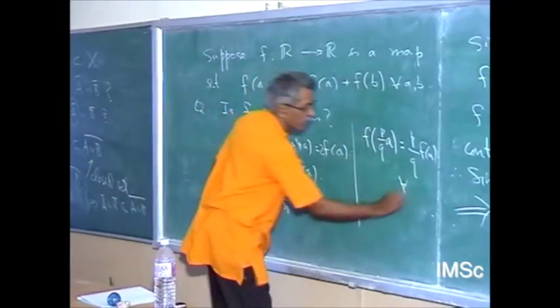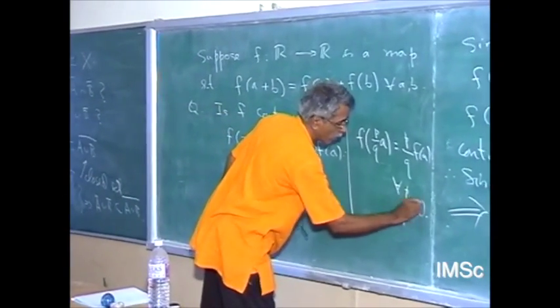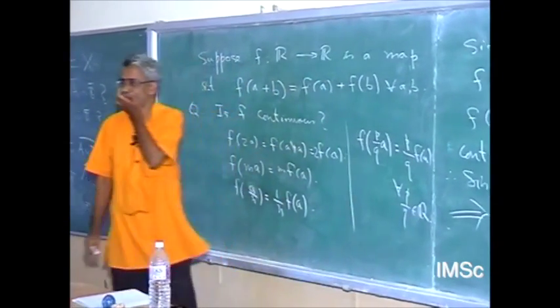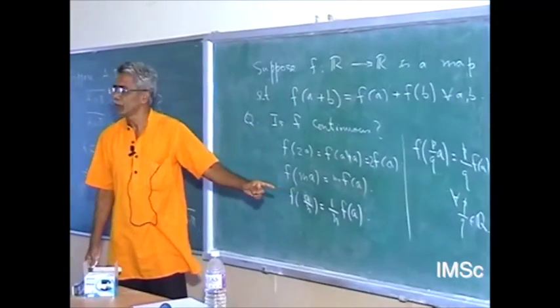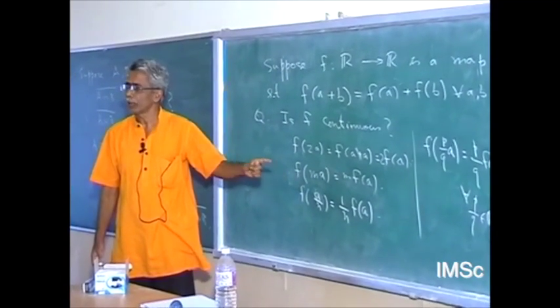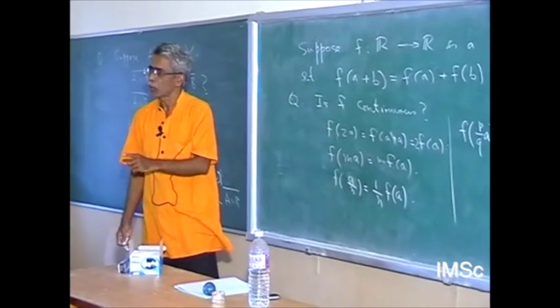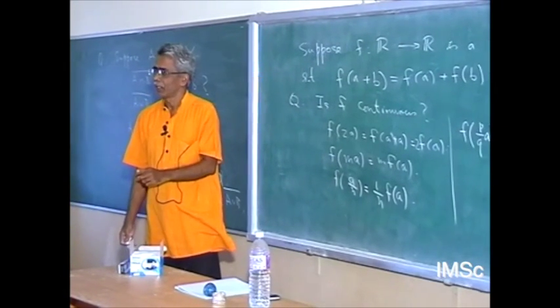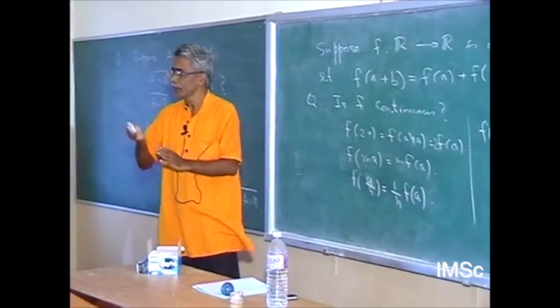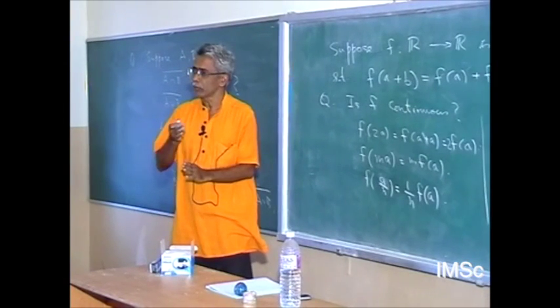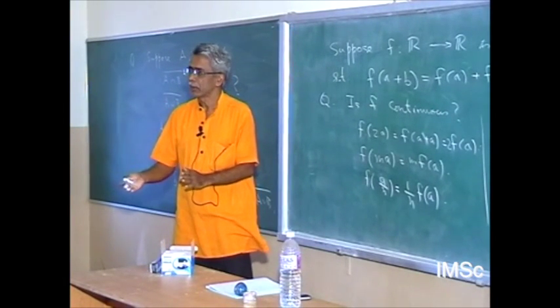So if only you can show that f of lambda a is equal to lambda times f of a, then it becomes a vector space homomorphism over the reals. And you know that any linear map from real numbers to real numbers is continuous.